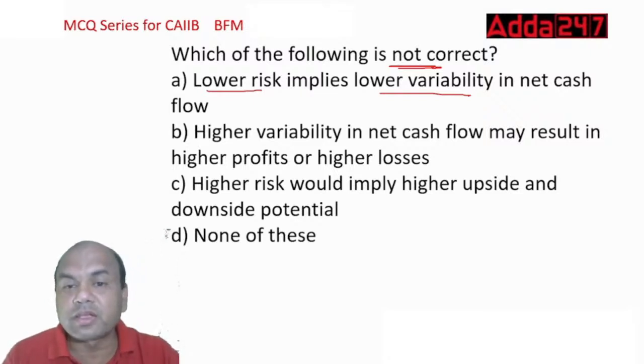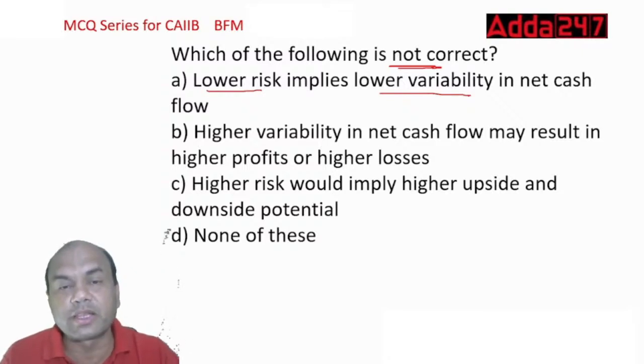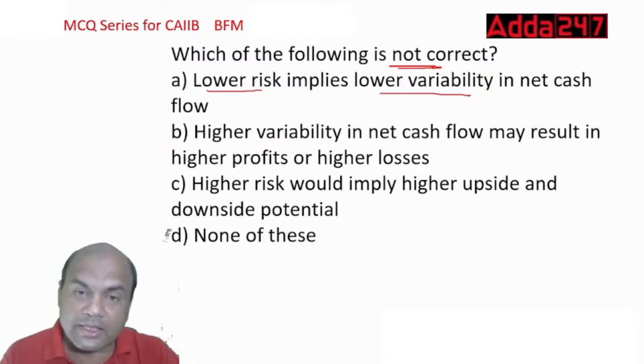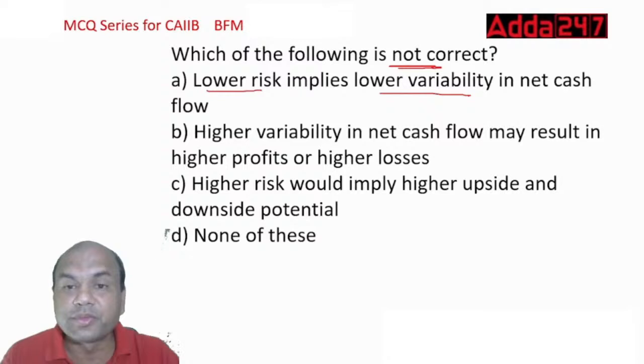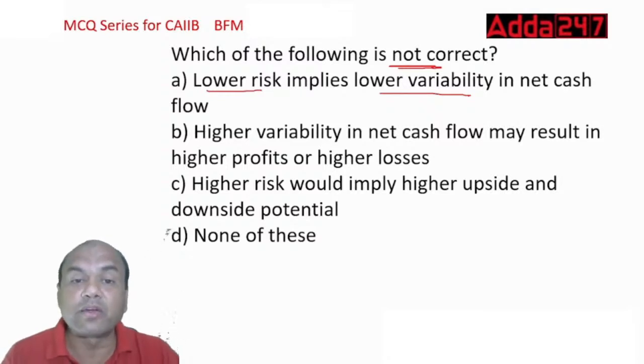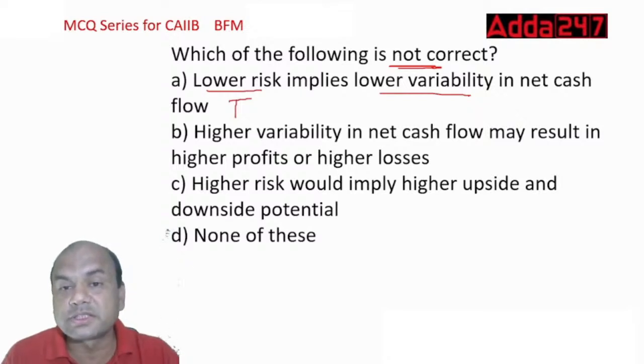If one month I get 1 lakh, next month I again get 1 lakh 1,000 or 99,000, the variability is less. Suppose one month I am getting 1 lakh, next month 2 lakhs, after that month 0. That is higher variability, so that will be a higher risk. So this is true. We want false, isn't it? What is our target? Our target is false.